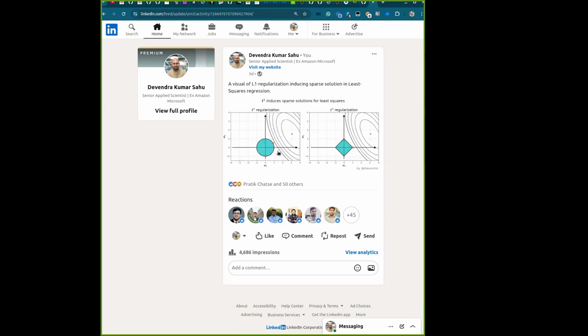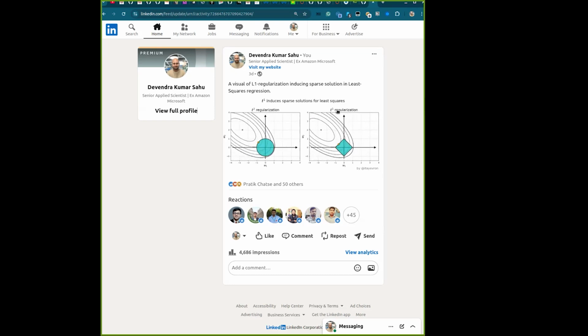Now the solutions are very different. If you look at this yellow dot, that's the solution of the optimization. And you'll see that for various data sets, your contours can change and you get any values on the boundary of this sphere in L2 regularization.